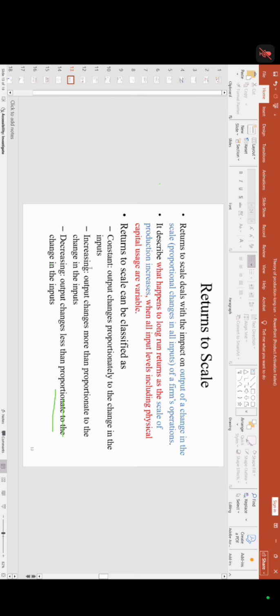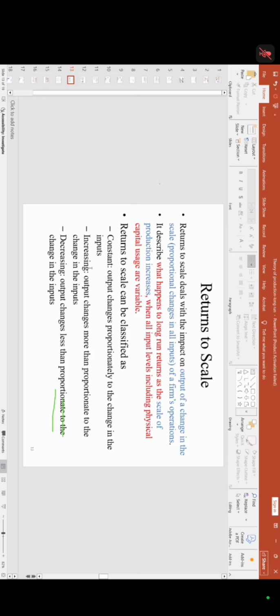Since in the long run all inputs are variable, you can increase your scale and capacity of production. Therefore, we are just identifying whether, with this advantage of all inputs being variable, my returns to scale are constant, increasing or decreasing.